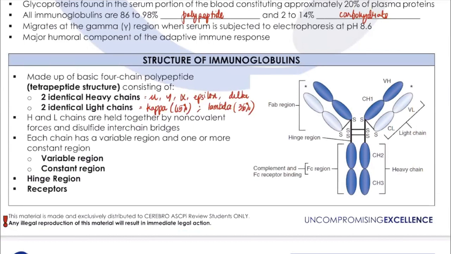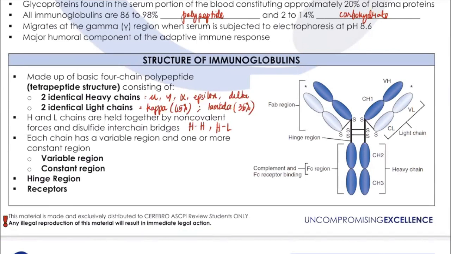There should be no disulfide bridge between 2 light chains because that is also abnormal, and that is found in Bence-Jones protein. So only heavy-heavy and heavy-light connections.